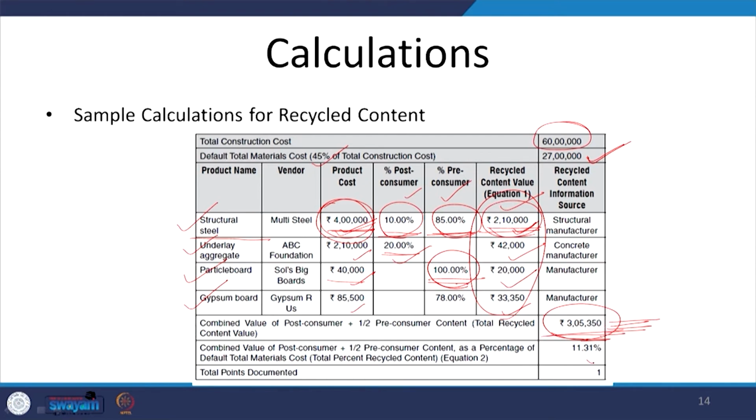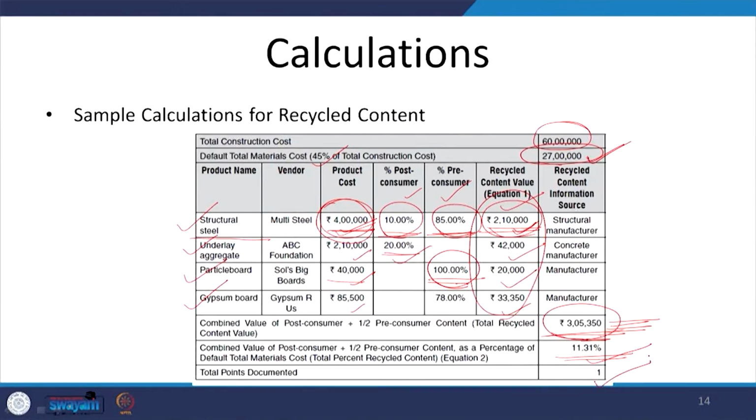So, we calculate that it is around 10.31% of the total material cost. Now, depending upon the rating program which is taken up, 10 to 20% of the total material cost should be that of the recycled content value, and here we see that it has already crossed 10% and hence the credit has been earned.